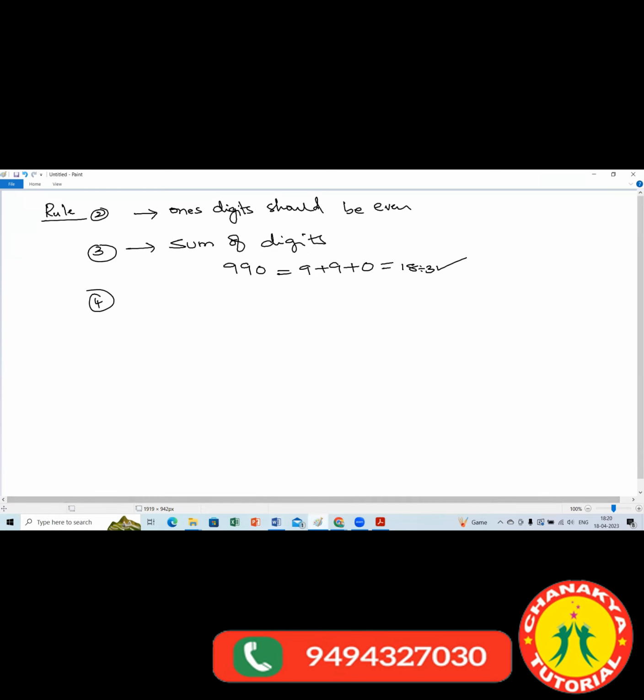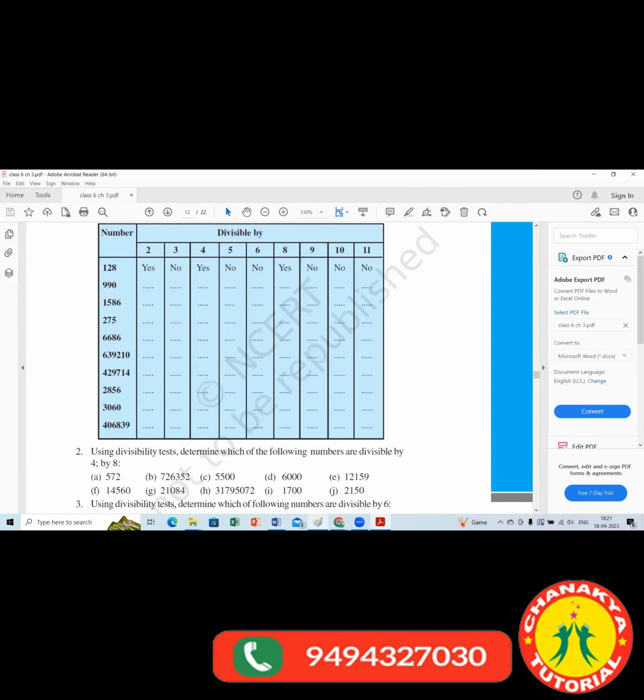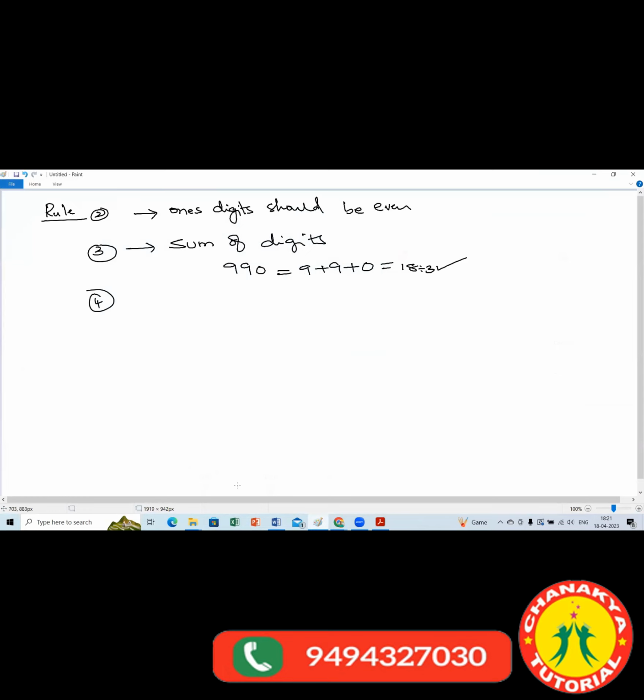The 4 rule is also for the same number. What is the 4 rule? Deepika said. Deepika, can you repeat what the 4 rule is? The tens and units place must be 0 or must be divisible by 4. These are the tens and units place.